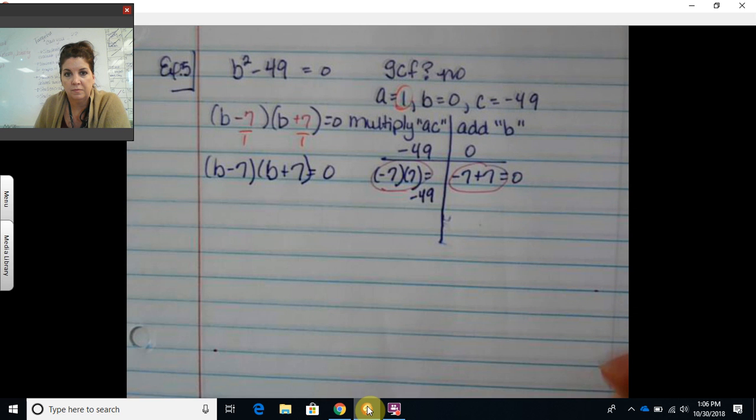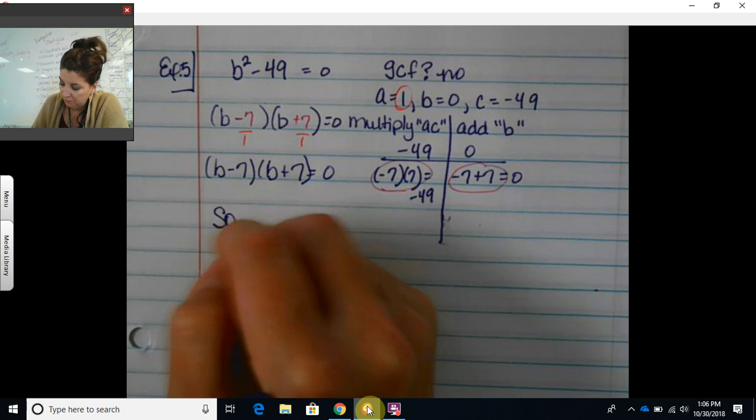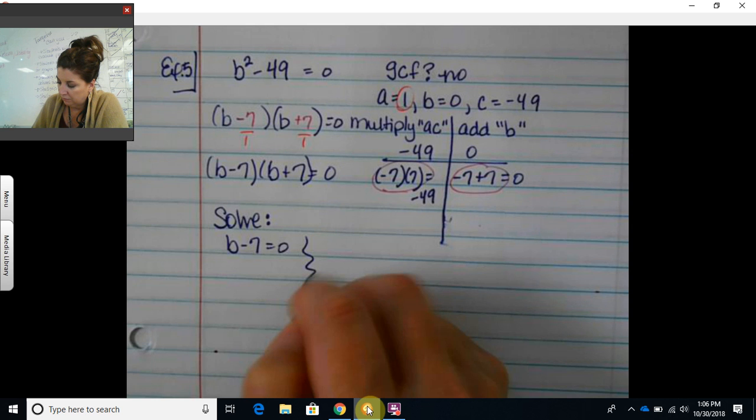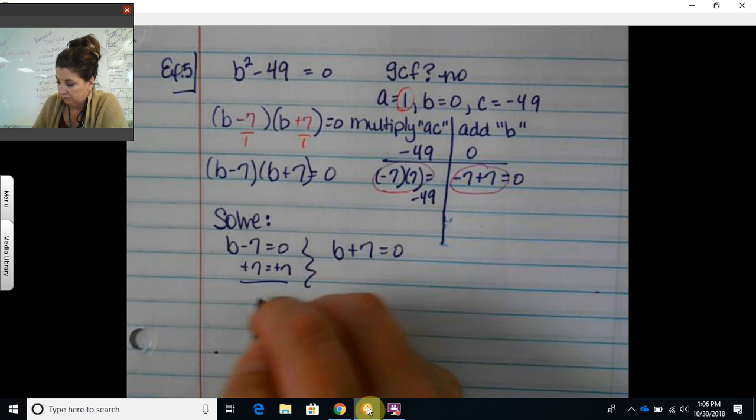So 2 factors. How many solutions am I going to have? 2. We haven't found them yet though, right? So to solve, we set each factor equal to 0 and solve for the variable.